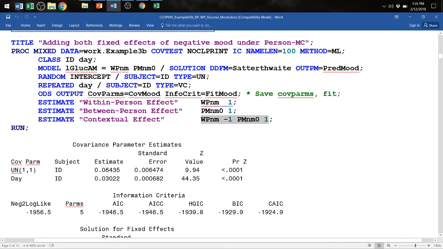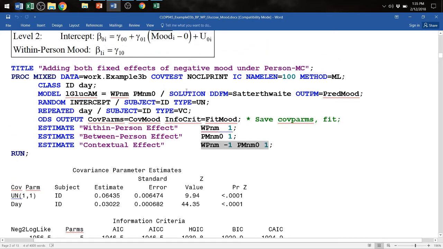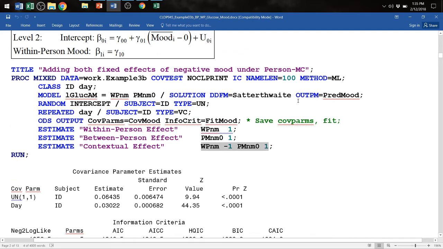I am saving some pieces of information from my model to do math on. Out PM here gives me a data set. I have named that data set pred mood, and it has all of the information in my original data set plus a new column of predicted outcomes predicted by the model fixed effects. I'm going to use that to get me a total R square.